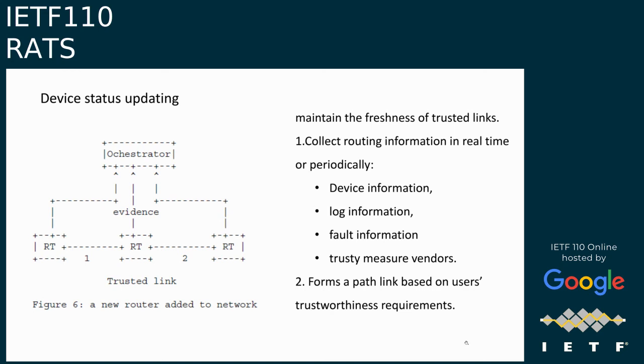The information collected may include device information, log information, fault information, and trusted measurement results, and then form a trusted link based on users' trustworthiness requirements. RATS is useful for routing devices that provide evidence to the orchestrator.